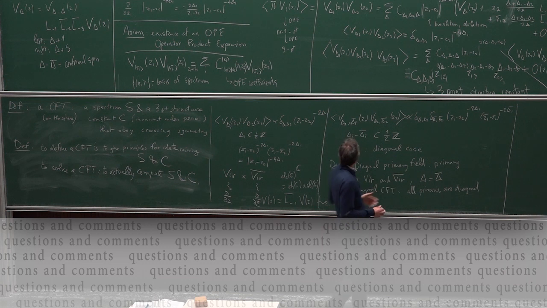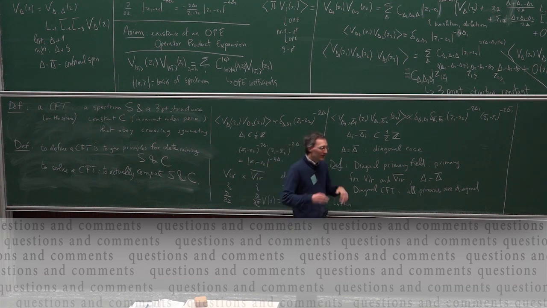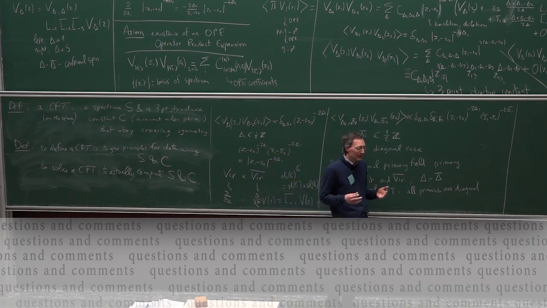You don't see it in my formulas because I only wrote the first non-trivial coefficient, but starting from the second non-trivial coefficient, you have an explicit dependence of the conformal block on the central charge. If you define a theory where the central charge is a parameter, such as Liouville theory, where the central charge can be basically any complex number, then of course the OPE coefficients will depend on the central charge.